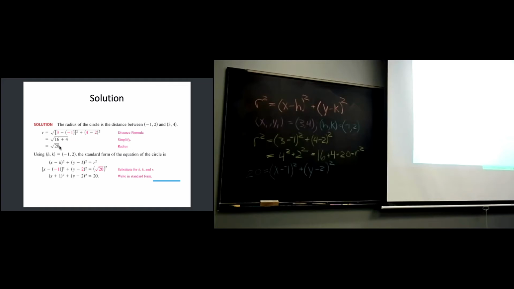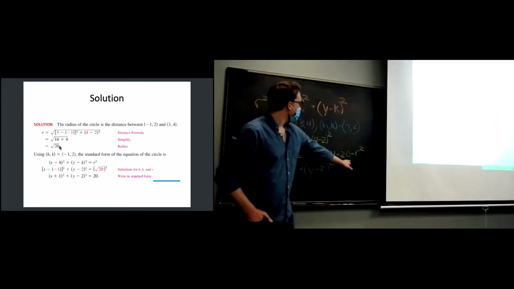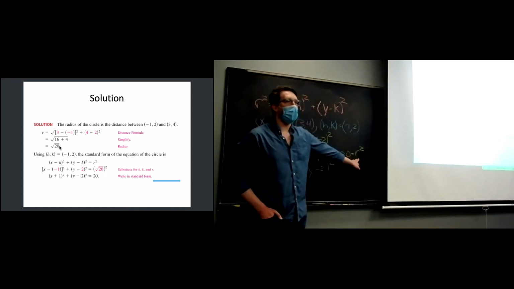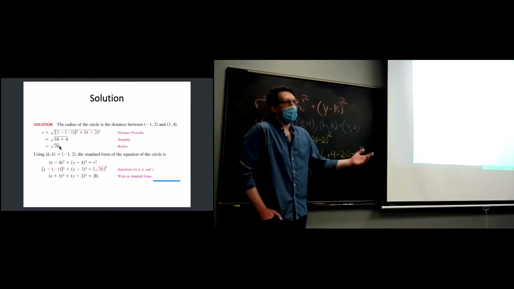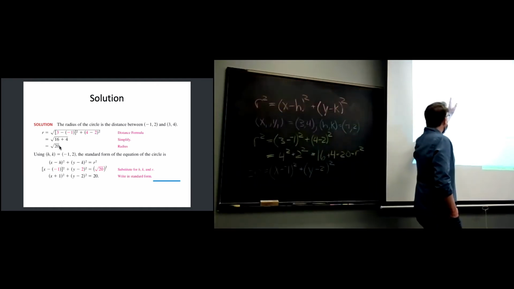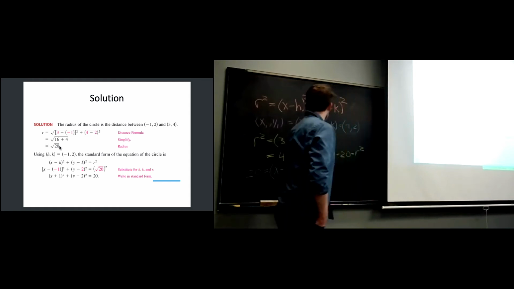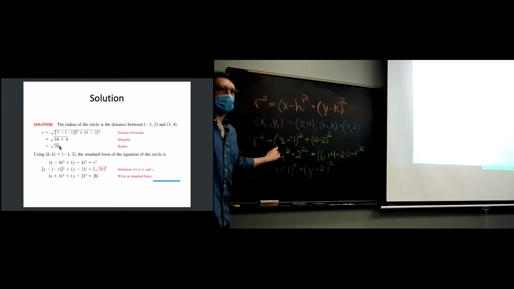I think it's more obvious to go about it this way, because once we get here, we realize we can go ahead and apply the square root to both sides if we wanted to, or we could just say, I've got r squared anyhow, just leave it as 20. Does that make sense? But the reason why they have r is equal to all this under the radical is because they got to here and took the square root to both sides.